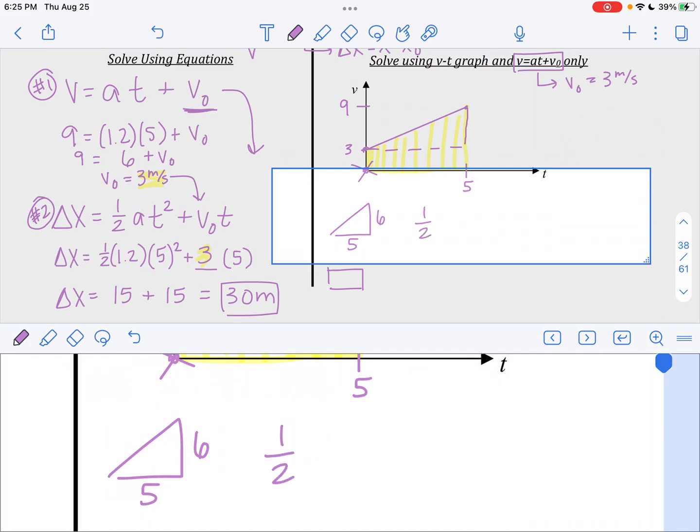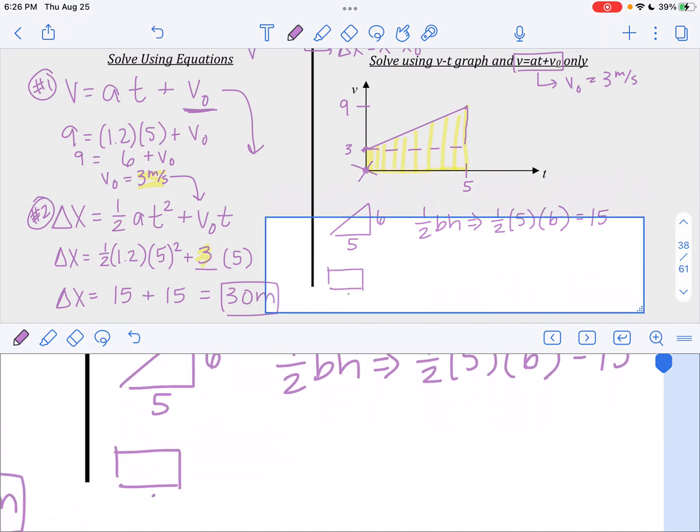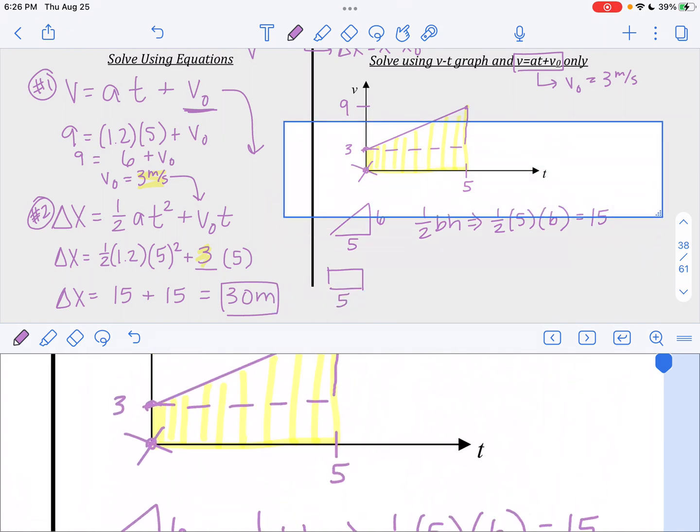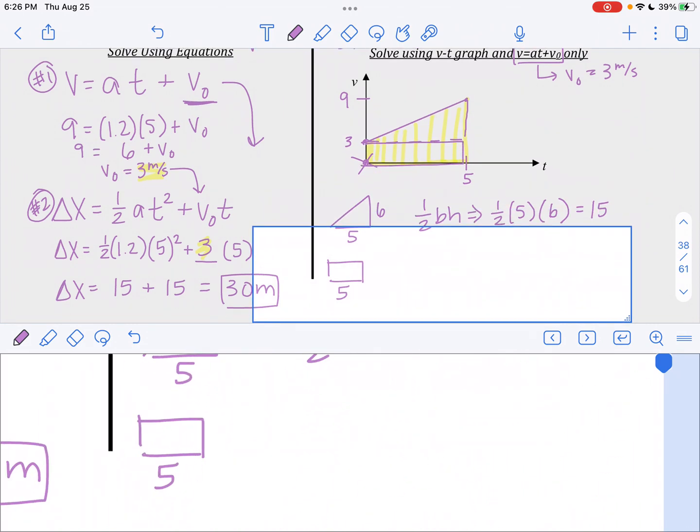So if I use my formula for an area of a triangle, I should get 15. Almost forgot the 1/2. And then if I find my last little rectangle right here, I have a base of 5 and a height of 3.